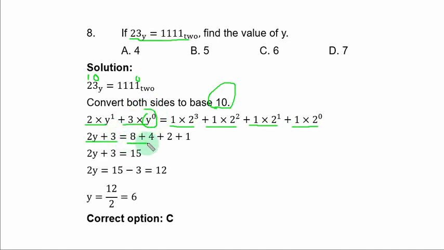Then 8 plus 4 plus 2 plus 1. When you add up, you have 2y plus 3 equal to 15. Collect like terms, 2y is equal to 15 minus 3, and that is 12. Divide both sides by 2. y is equal to 6. C is the correct option.